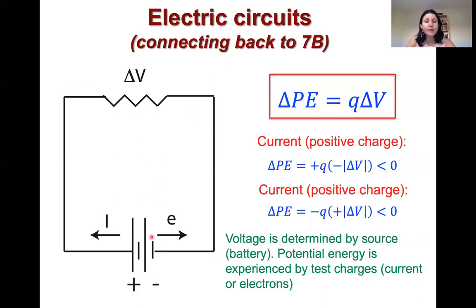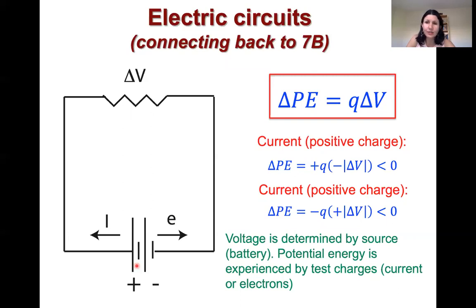So we can think about the battery as our source, which generates this voltage. So it's always going to be true that the voltage drops if we go in the direction from the positive to the negative side. But what we think about is, well, what is changing its potential energy?